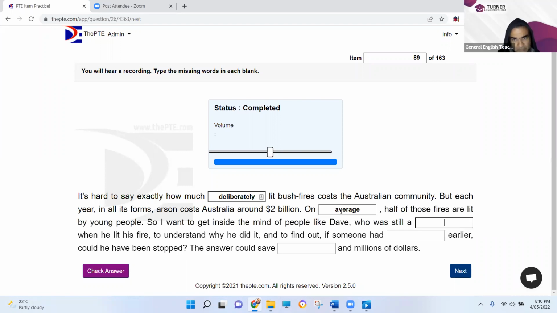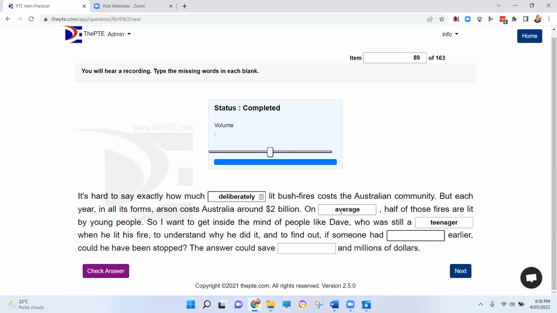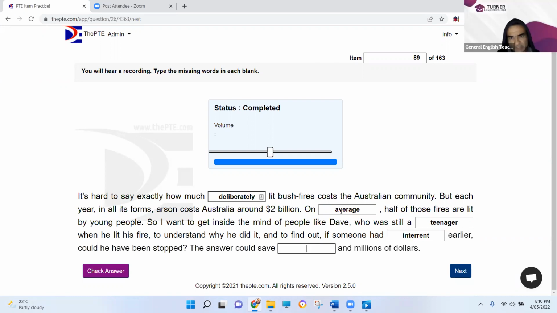Teenager. This one I'm not sure. I think it was interwent something. Okay. So I have written INTRVENT. Do you like this or different? Okay, we'll check it later. And lives. Save lives. Okay.